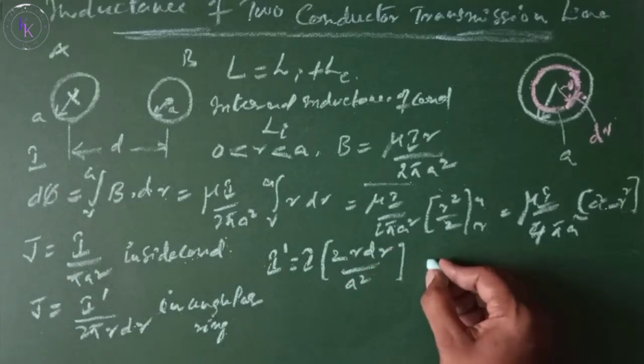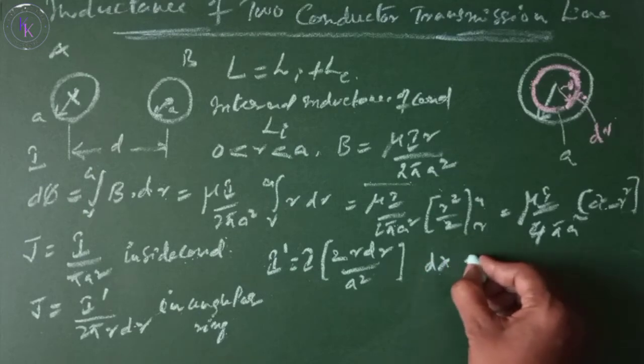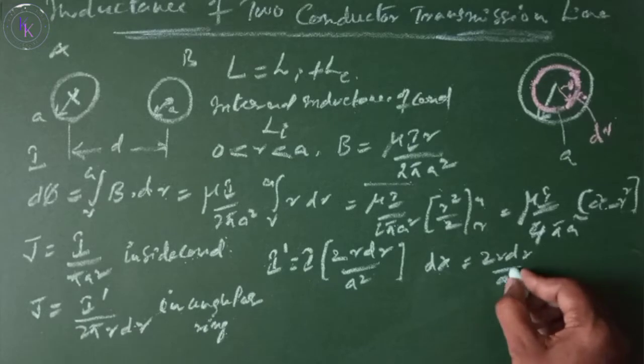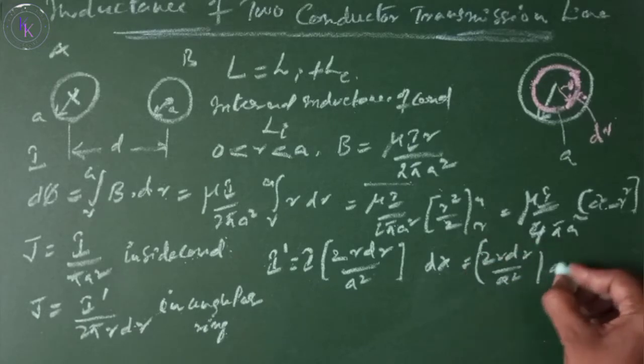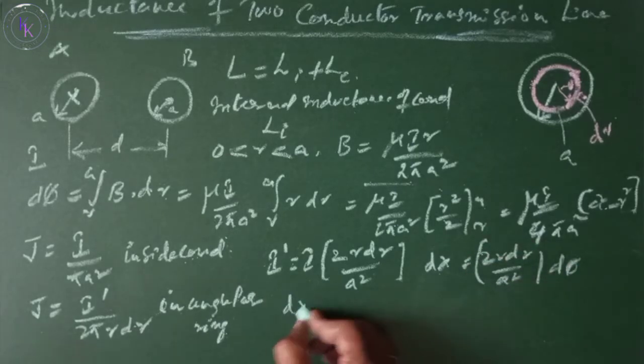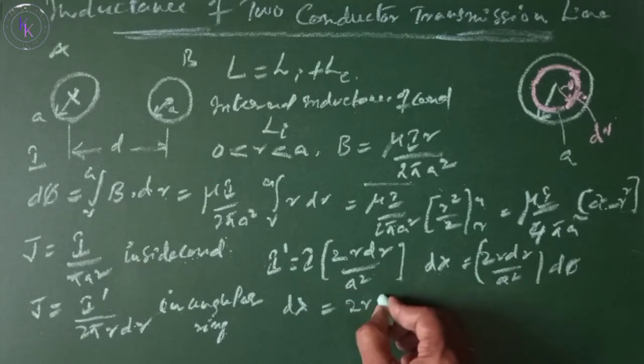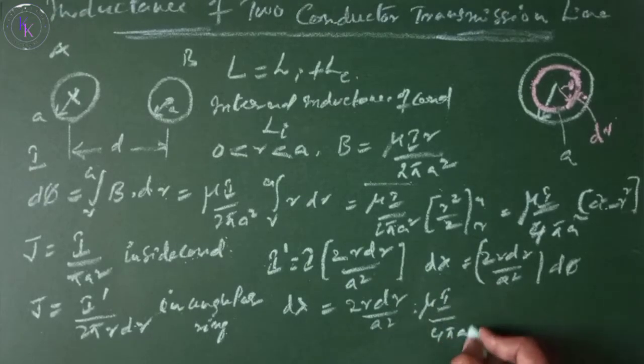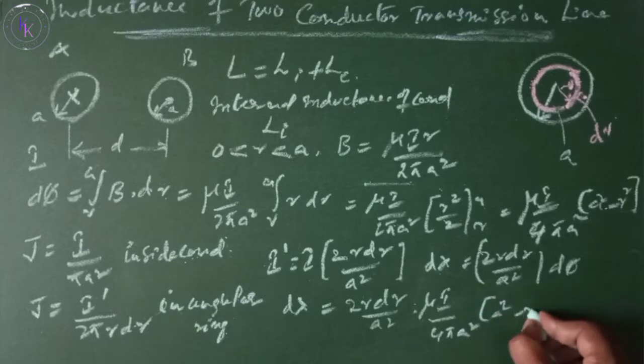Now the actual flux linkage is given by this ratio, 2r dr by a square, times d phi. D lambda is given by 2r dr divided by a square into d phi, which is mu I by 4 pi, a square minus r square.